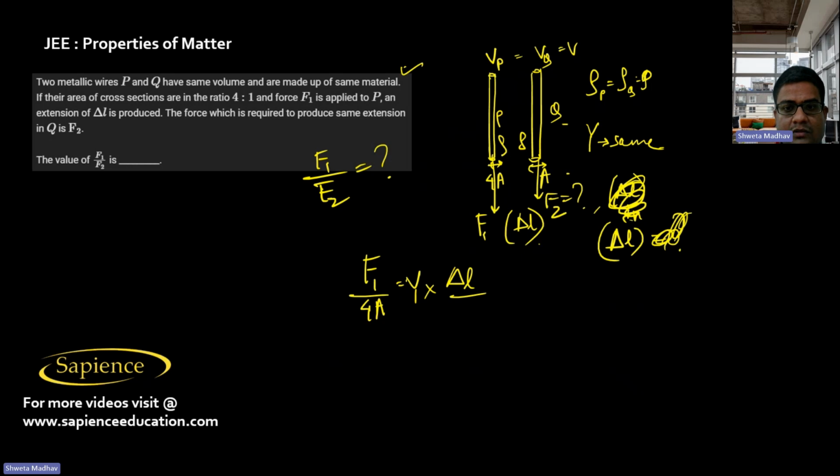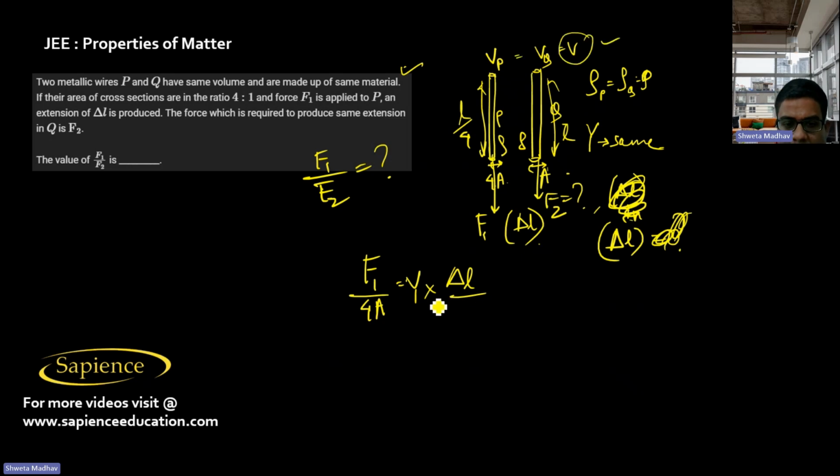The volume is also same. So if the volume is same, but here the area is 4A, then here the length will be L by 4, and here the length will be L. Means the length of P, that will be L by 4, and length of Q, that will be L. Since here it is told the volume should be same.